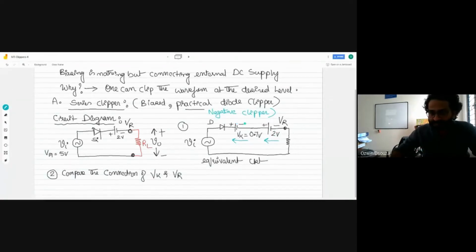So you can say that the two cells are connected with additive polarity. So the total potential of these two cells is equal to 2 plus 0.7, which is 2.7 volt. Is this step clear?